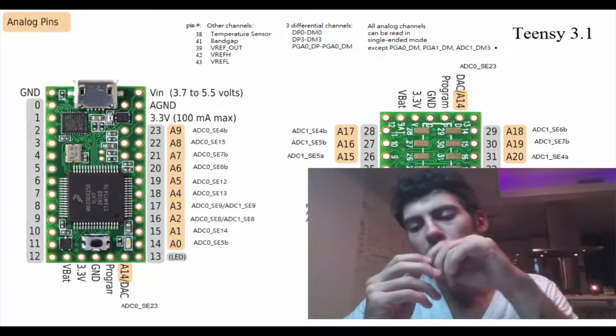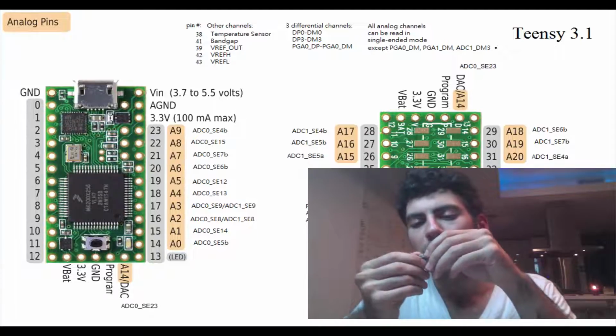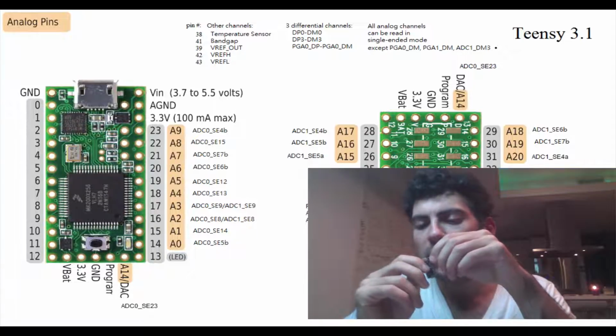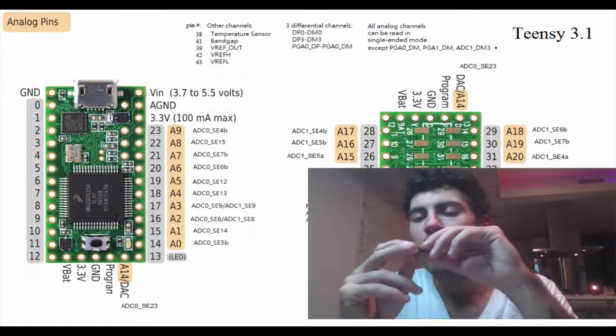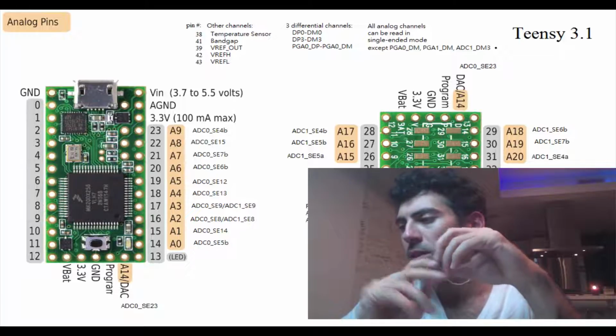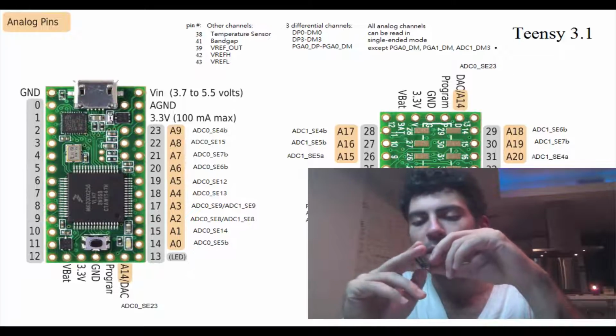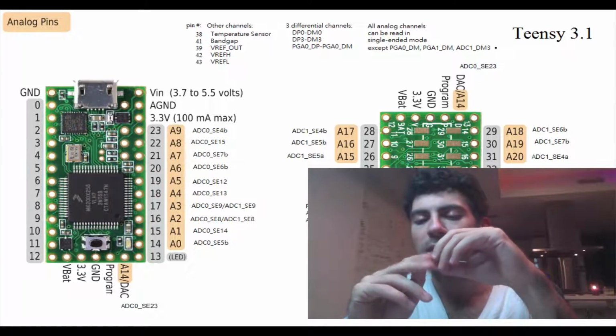So on the right hand side, make sure you use the analog ground or A, G, N, D pin, and the other side that you connect it to is the G, N, D. You realistically probably don't want to have any sort of metal touching that could short out any other pins on here if you are connecting it to a computer. So you may want to use a non-metallic piece that connects to the Teensy itself.